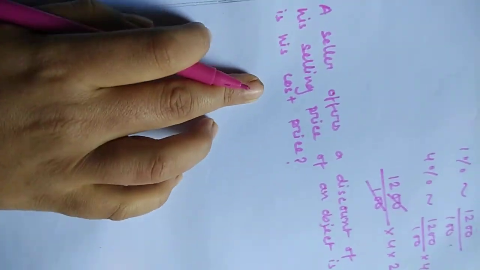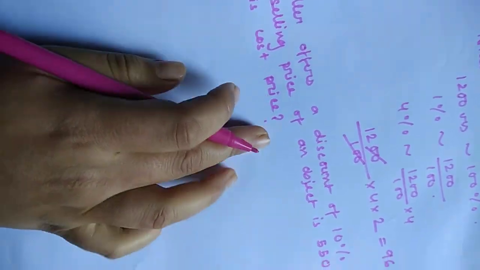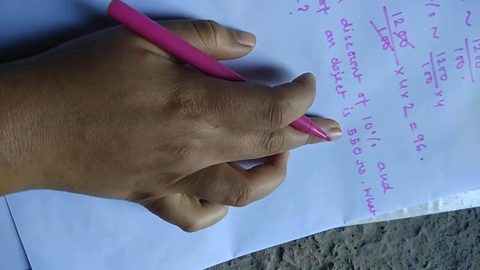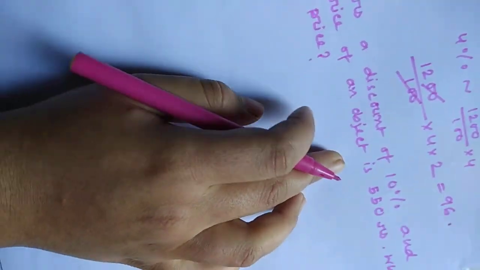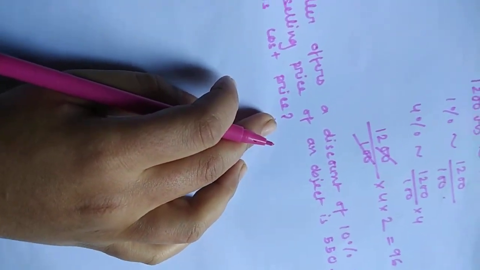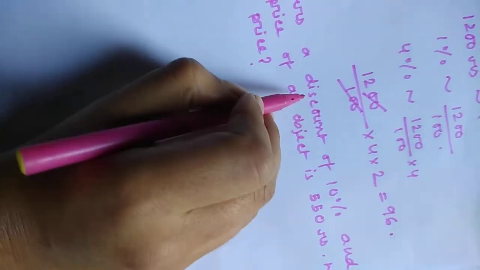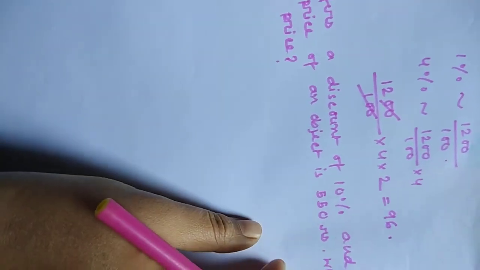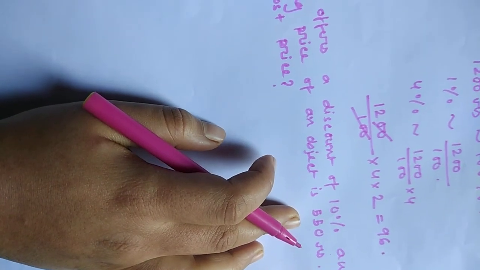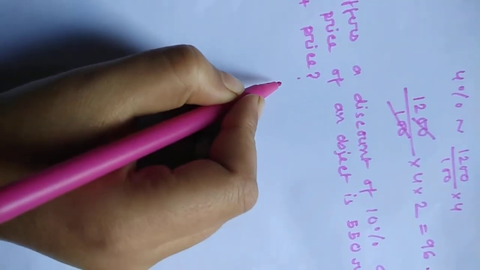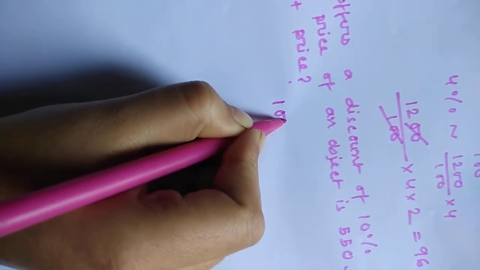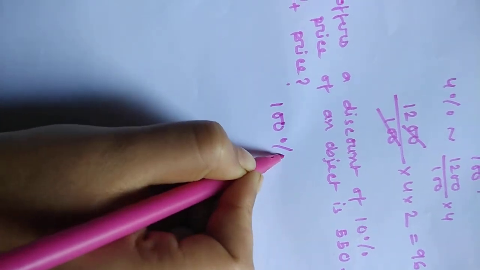Now let's come to the next problem. The next problem says that a seller offers a discount of 10% and the selling price of an object is 550 rupees. What is his cost price? Okay, so he offers a discount of 10%. Discount means he is offering the object at a lower price. So if the original price was 100%, how much is he selling for?